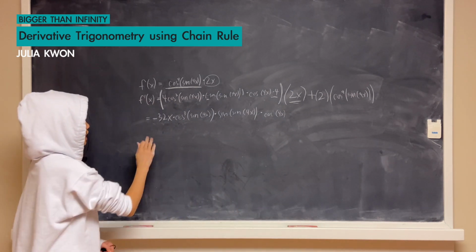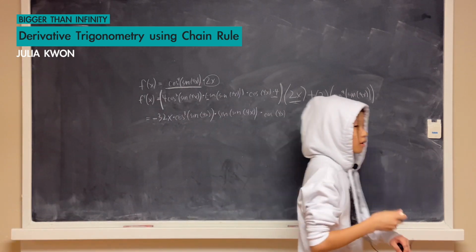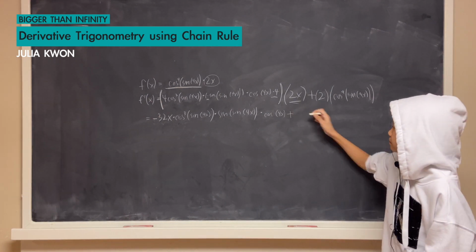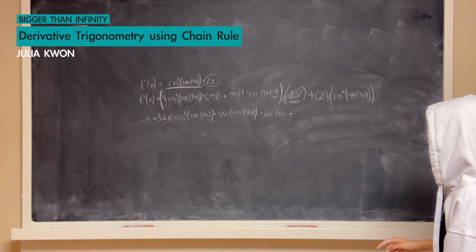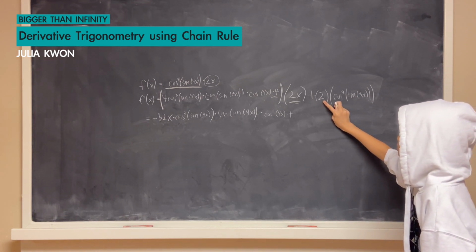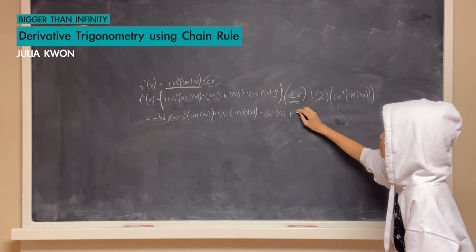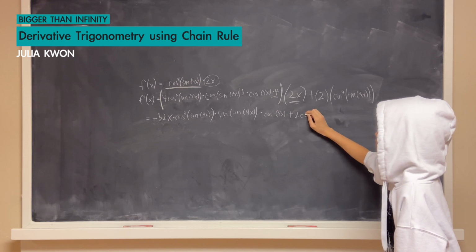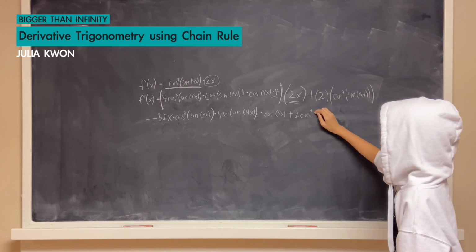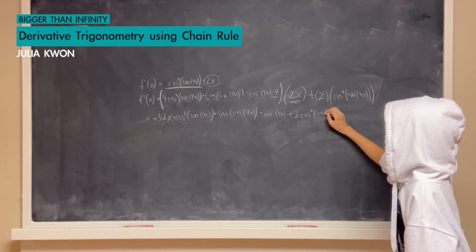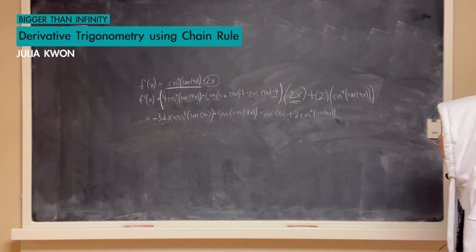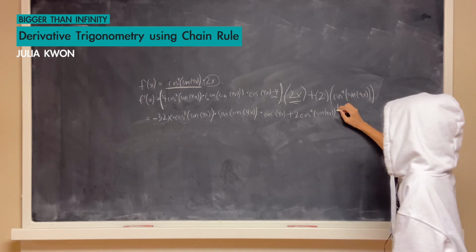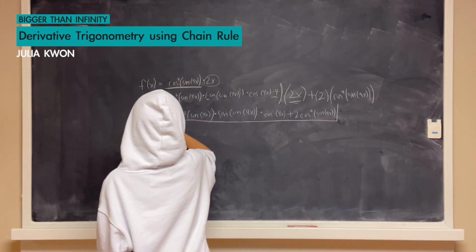Now we're going to add all of this with these. There's not much to simplify, but we'll just connect these two. That will make a 2 times cosine to the power 4 of sine of 4x. So this would be our final answer.